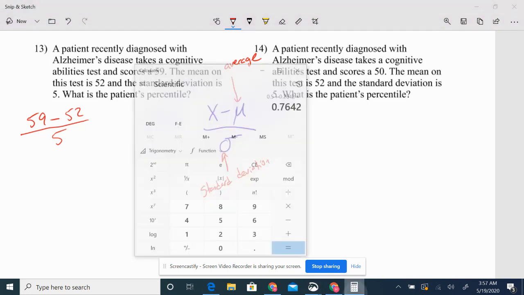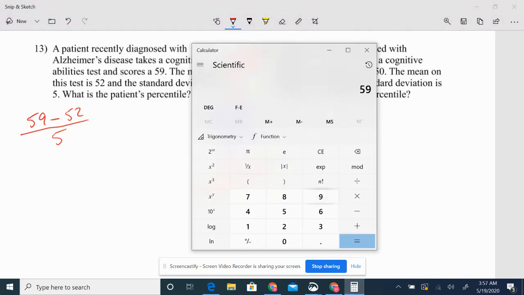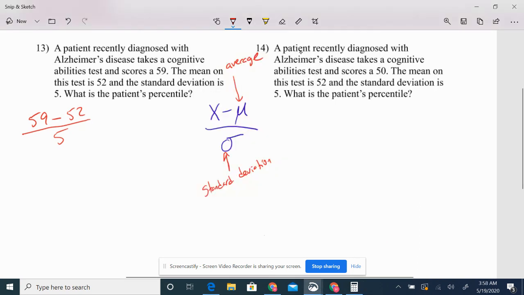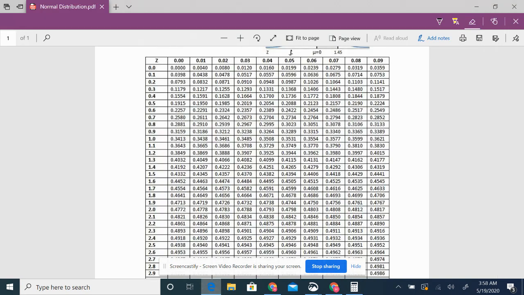So let me get my calculator out. I'm just going to go 59 minus 52. I find out that the difference on the top is 7. It's a positive since the guy scored higher than the average. And I'm going to divide this by 5. So my Z-score in this case is 1.4. That's my Z-score. I gave you guys a table and I said 1.4.